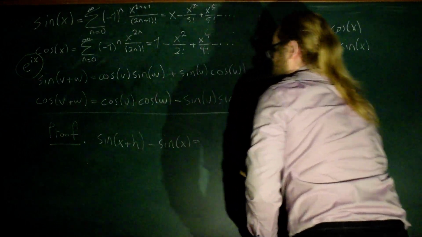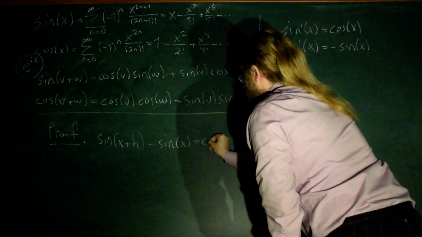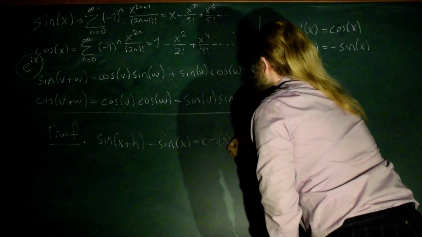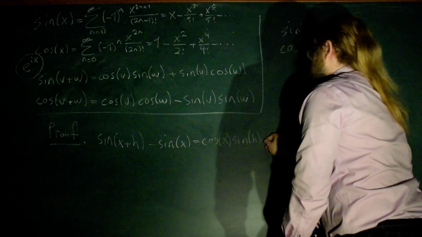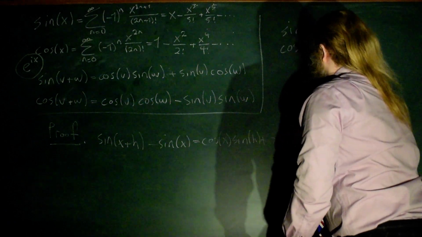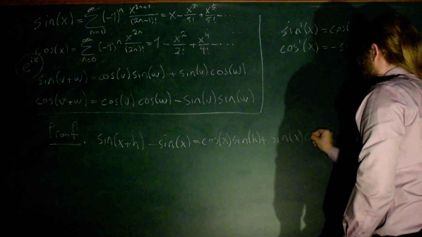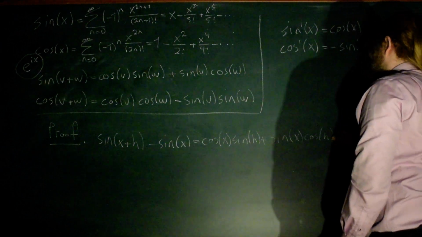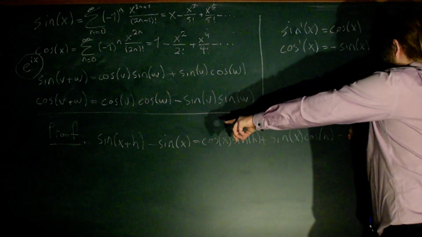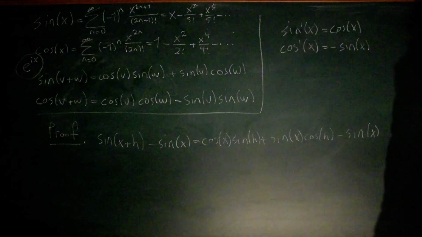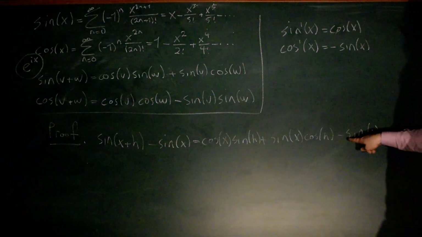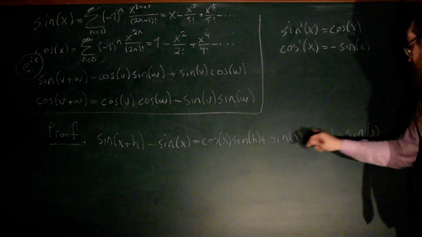And what I get is the cosine of x sine of h plus the sine of x cosine of h. And we have to subtract that last term there, sine of x, right? All right. We can see that there's a common factor.